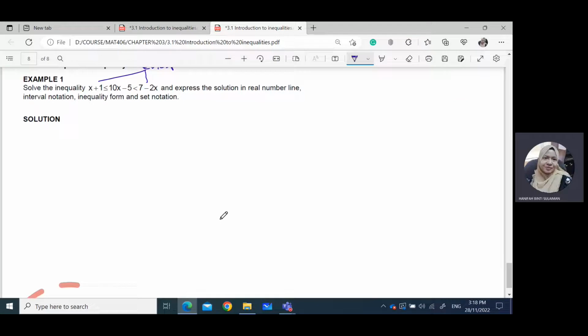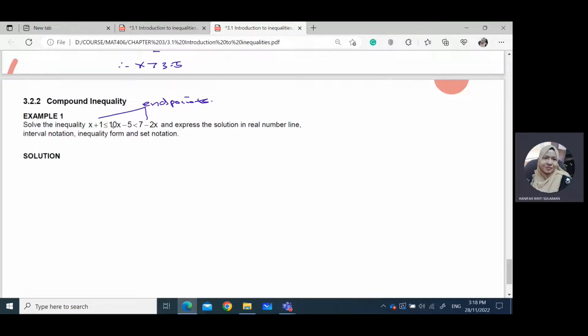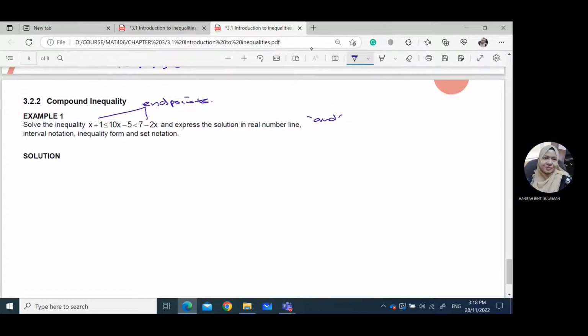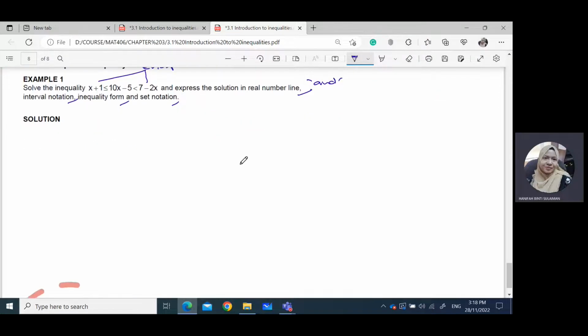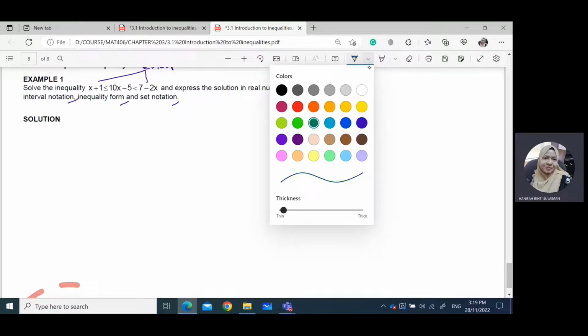Okay, so now we need to solve this inequality: x plus 1 less than or equal to 10x minus 5 less than 7 minus 2x. Okay, so yang ini kita gunakan n. Express the solution in real number line, interval notation, inequality form, and set notation. Okay, untuk selesaikan bagi compound inequality yang berbentuk begini, kita perlu buat dalam 2 section. We need to solve it in 2 sections.